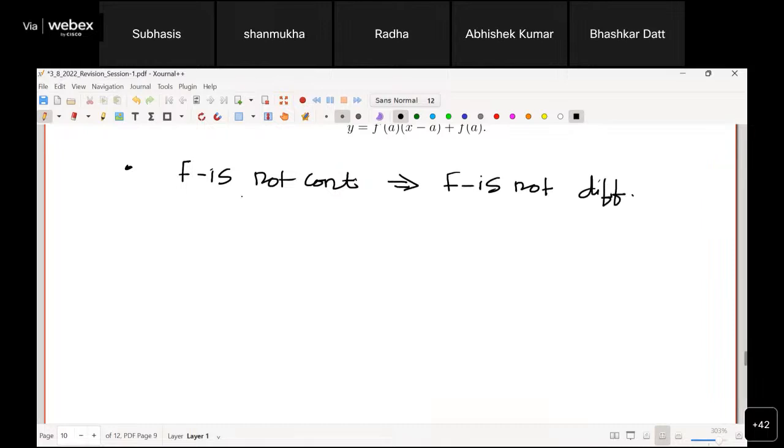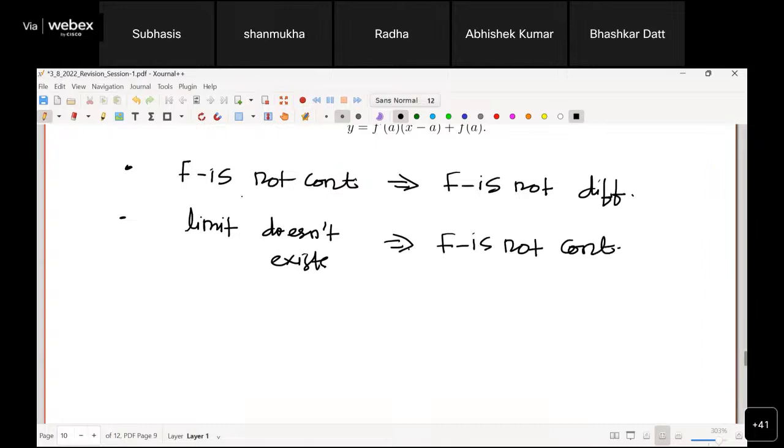Just like if the limit doesn't exist, then the function is not continuous, and from there itself you can say that f is not differentiable.